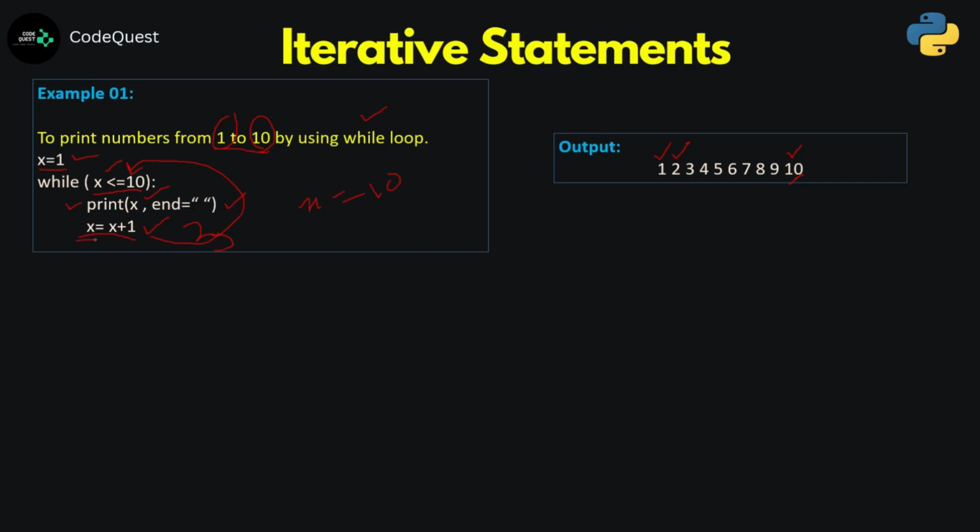Immediately x equal to x plus 1 updates the x value to 11. Now when I check the condition, 11 less than or equal to 10 becomes false. As we know, if the condition becomes false, the loop is going to terminate, as a result of which I get all the natural numbers from 1 to 10.